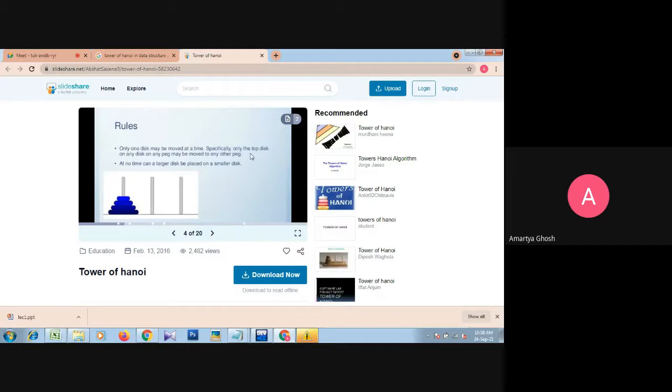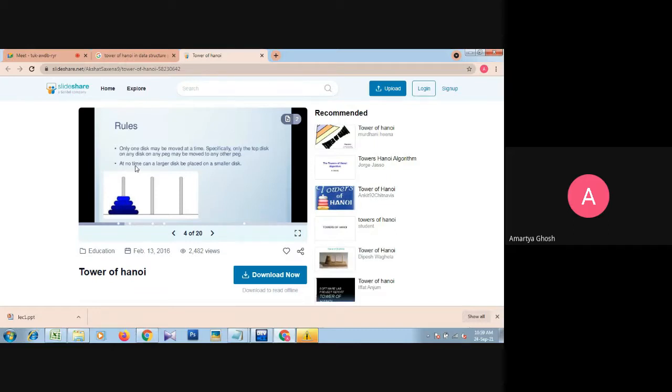Only the top disc on any peg, meaning any one of these stands, the topmost on any one of the stands. Suppose there are some discs and some sticks. From any one of these stands, the topmost disc can be moved.